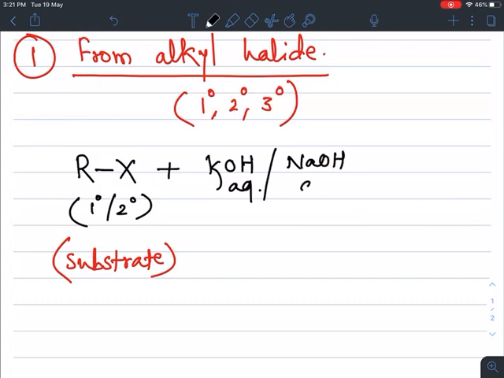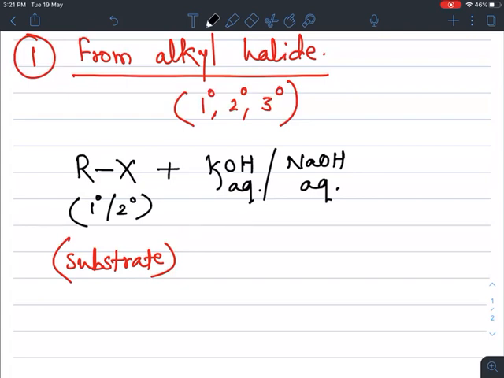What is meant by aqueous? KOH dissolved in water is an aqueous solution of KOH. NaOH, caustic soda, dissolved in water is the aqueous NaOH.